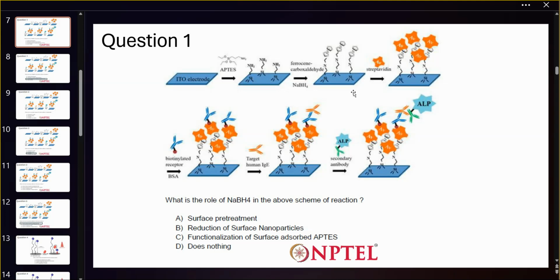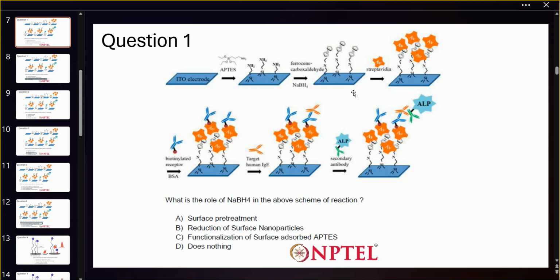Then you make the site ready to deposit streptavidin. Streptavidin is a heavy protein that is used basically because it has very high affinity towards biotin. It has 4 binding sites for biotin. Since your antibody here is a biotinylated antibody, that is why you are using streptavidin.